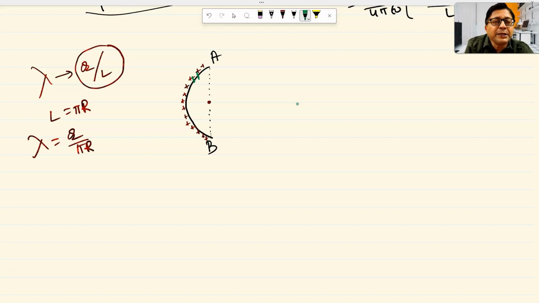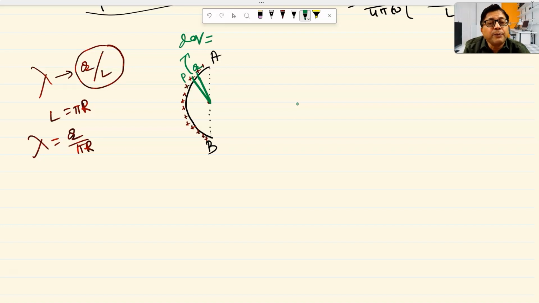We have divided the wire mentally into parts, and this elemental part carries a charge dq. What is the value of dq? That I'll let you know. Your problem is to find electric field here due to this elemental portion. You join it. Join this also. This elemental portion is PQ.